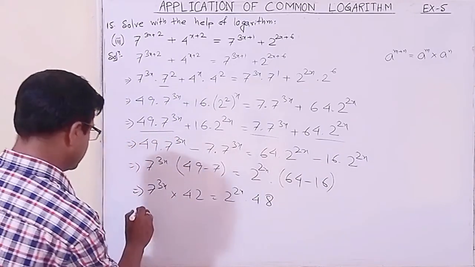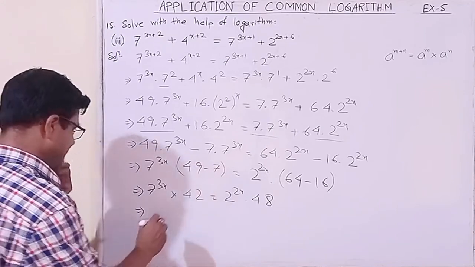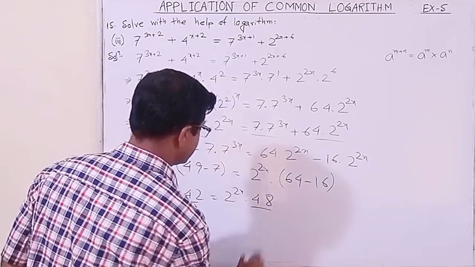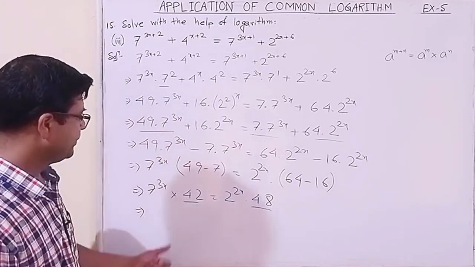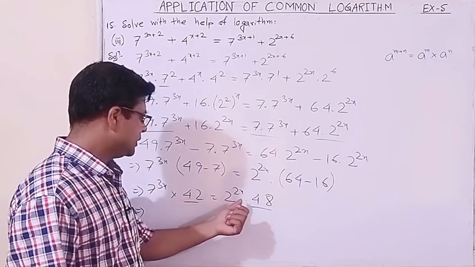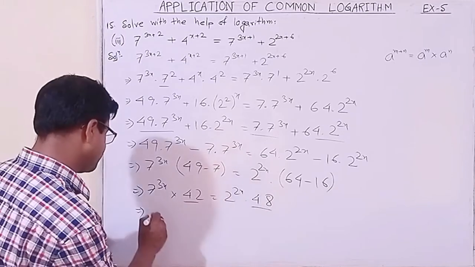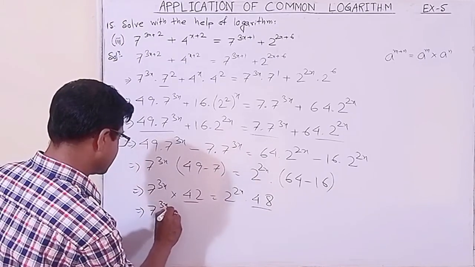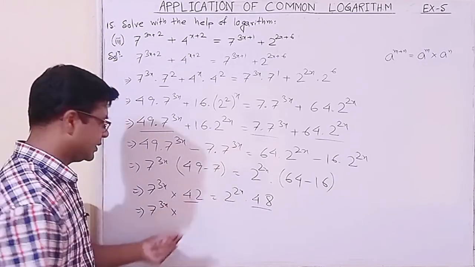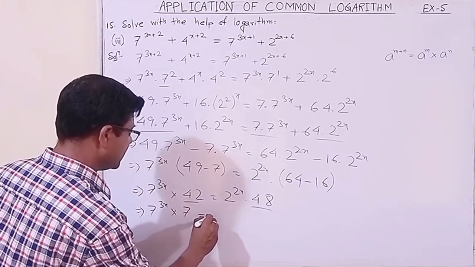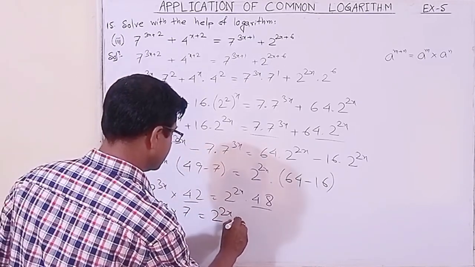Now we want to simplify this further. Can we? Yes, we can. If we divide both sides by 6, what will we get? 7 to the power 3x; if we divide this by 6, 7 is left, times 2 to the power 2x.